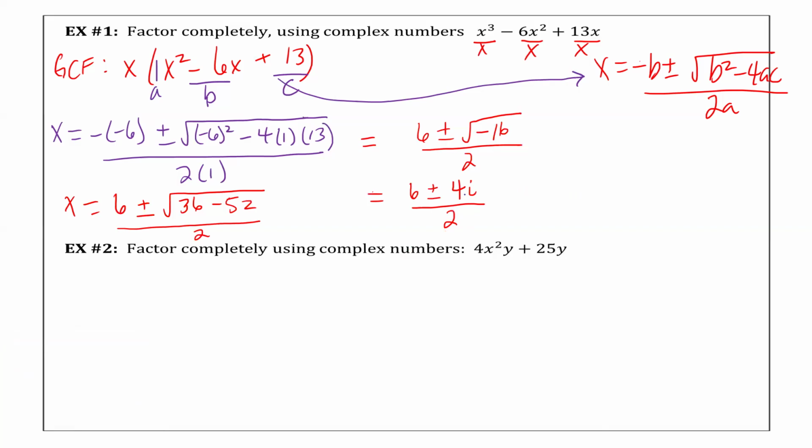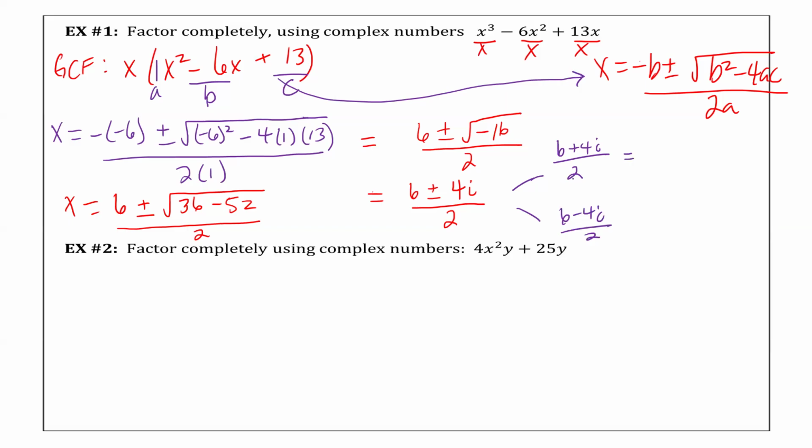All right, so the plus or minus means I have 2 possible solutions to work, correct? So I have 6 plus 4i divided by 2, and I have 6 minus 4i divided by 2. What's 6 divided by 2?